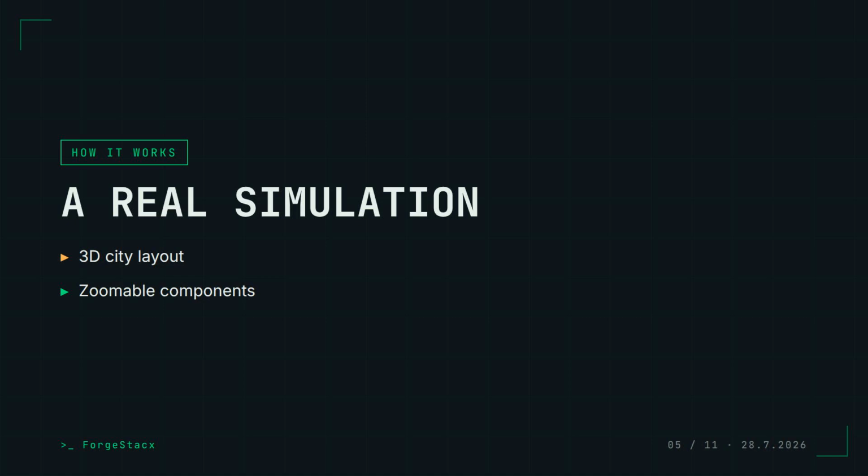The city is laid out as a hexagonal blueprint with the elephant mark at the center. You can zoom into individual buildings to see the internal workings of components like the checkpointer, background writer, autovacuum, WAL writer, backends, and WAL senders. Each component is animated to show how data flows through the system in real time.